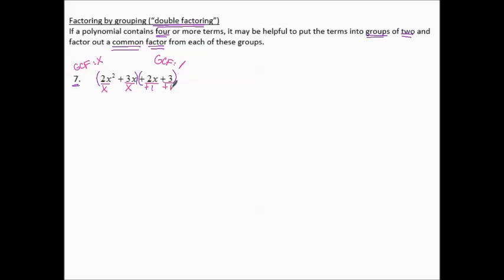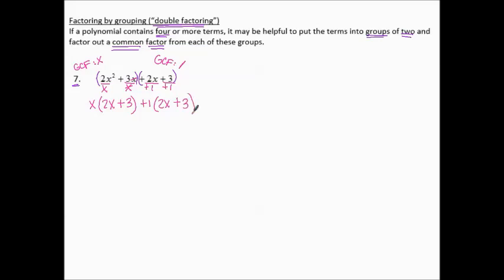Here, I'm going to factor out that x, so 2x squared divided by x. I'm going to write my x first. I'm going to write 2x plus, my x's will cancel here, I just have 3. And then I'm going to write my plus 1, and here 2x. 2x divided by 1 is 2x, and 3 divided by 3 is just 3.